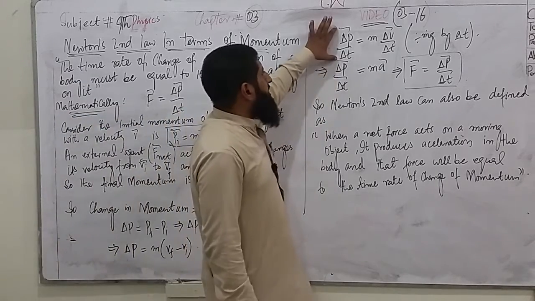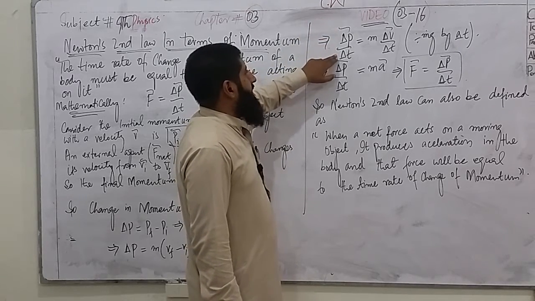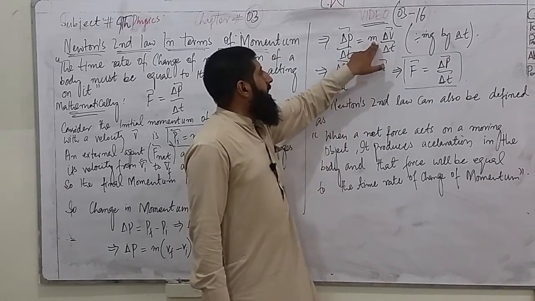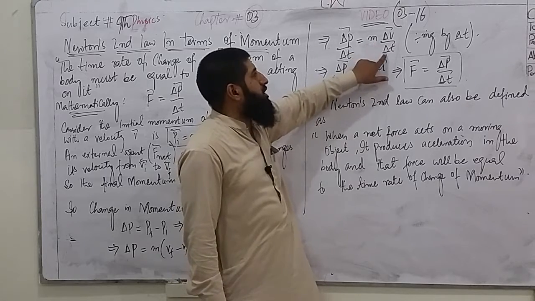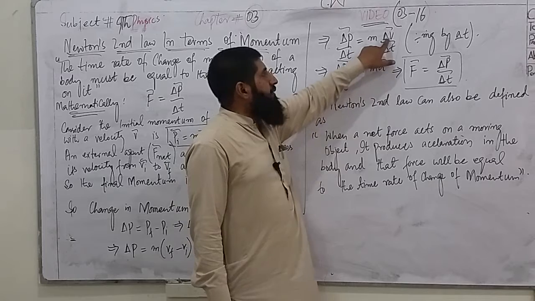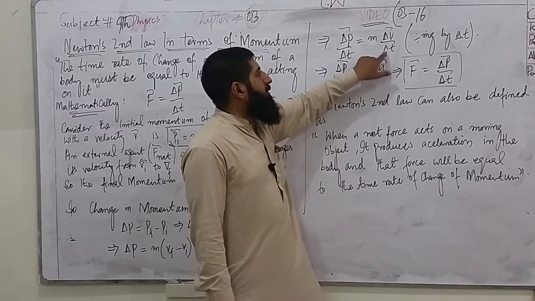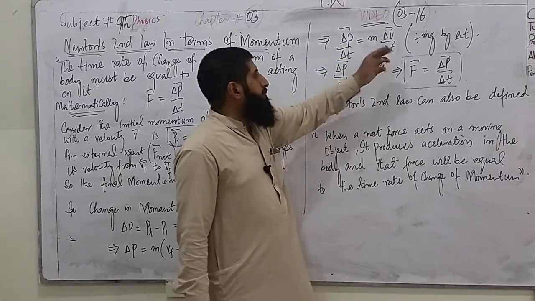So in vector form, dividing both sides by delta t, delta p divided by delta t equals m times the change in velocity divided by delta t. m is constant, which does not change with respect to time, so we have kept it as is, and velocity has changed with respect to time, so we have put time below velocity.